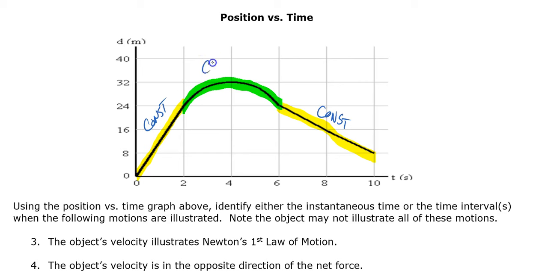And this part here is changing. So we can pretty much associate constant motion with which law? First. And changing motion with second. Does that answer question number 3? Yeah, okay.